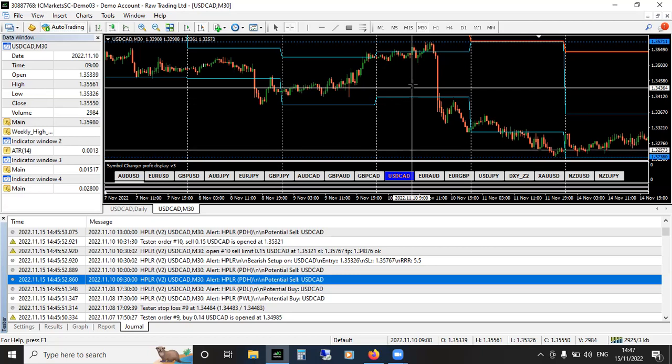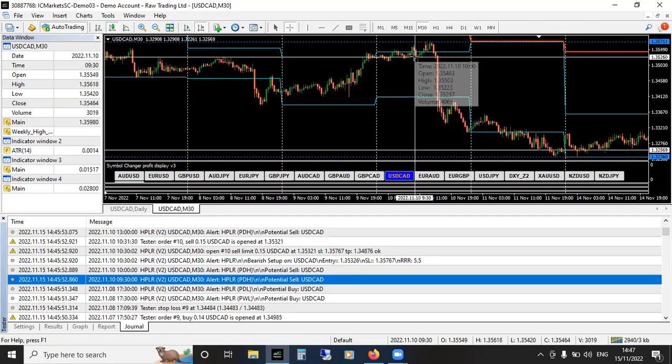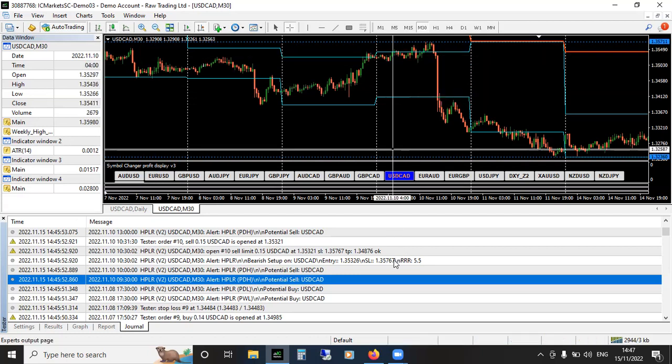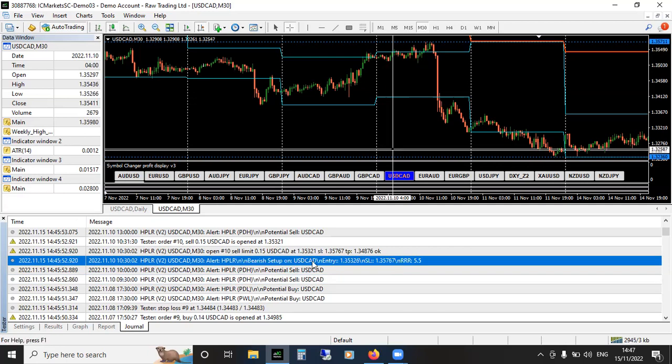And then it continues doing that until we get this closing below, and it sends us an alert that we have a bearish setup on USD CAD, with our entry level, where your stop loss is supposed to be, and then the potential RRR on this trade. The potential RRR on this trade is 5.5.